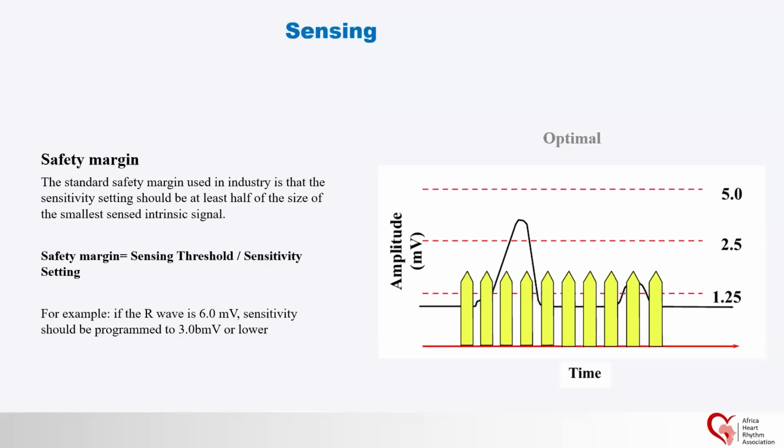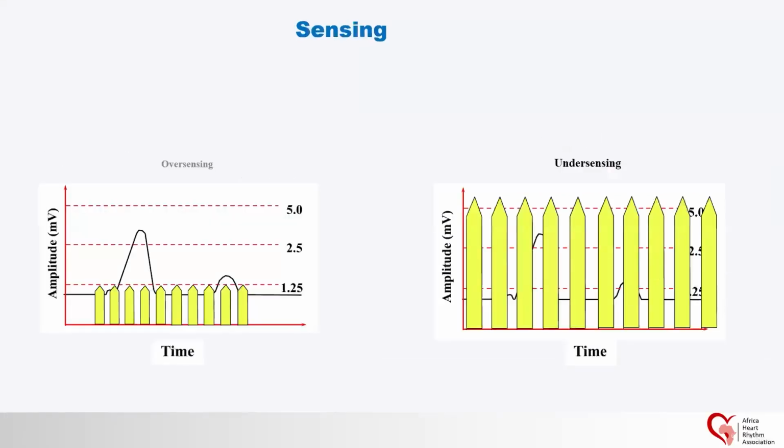If you have any question, you can ask. So we have two issues in sensing. The first is oversensing. That means the pacemaker is very sensitive and detects more than just the myocardium signal.